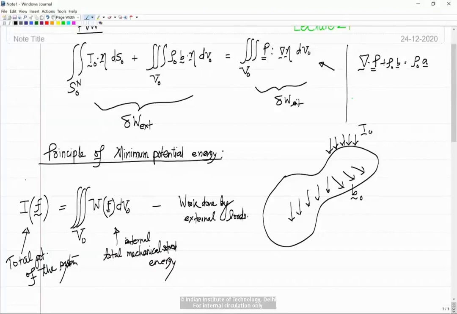Because it is doing some work on the deformable body. So for the system of the body and the external agent as a whole, the gain in the energy of the deformable body is just the first term here, and the second one is the change in energy of the agent, and it has to come with a minus sign because the agent is doing positive work on the system, so its own energy reduces.